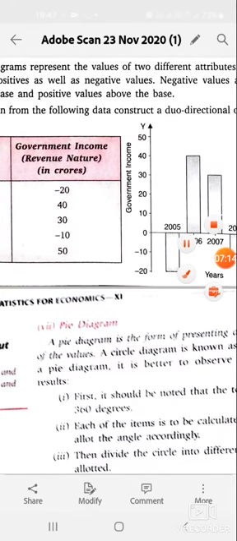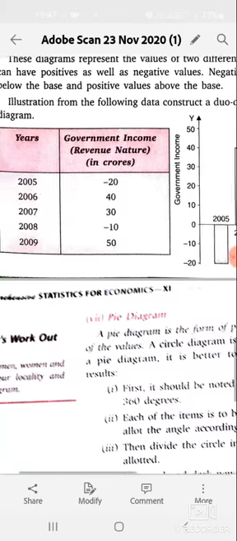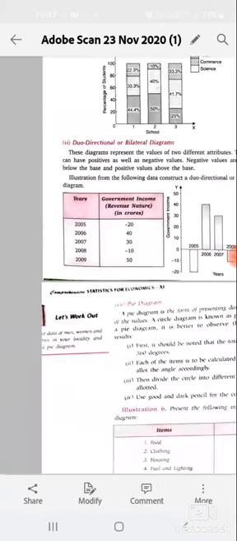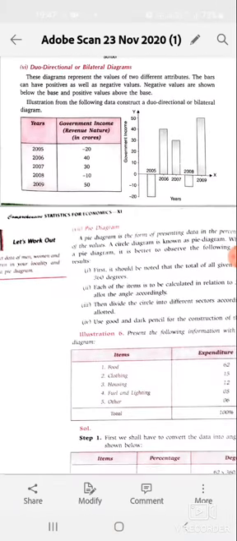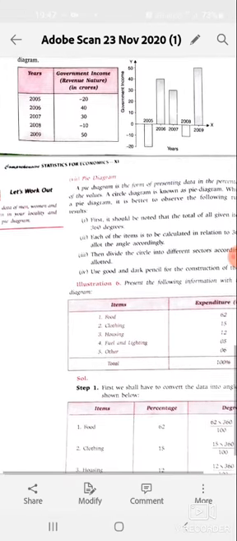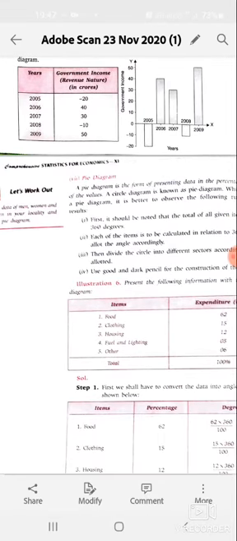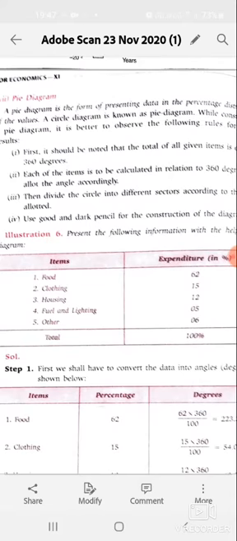Now in the 10th class, or in your junior class also, you have heard about the pie chart or pie diagram. Here are some steps for how to construct a pie diagram. First of all, let us see the table.